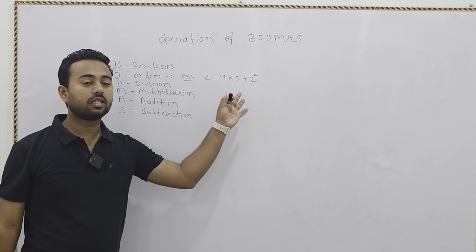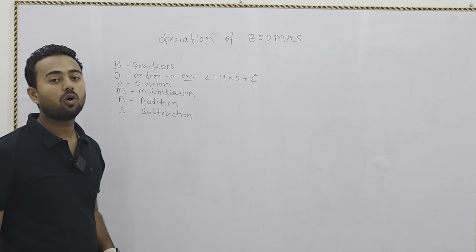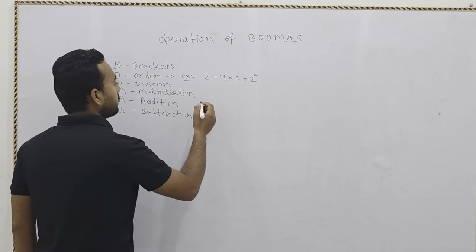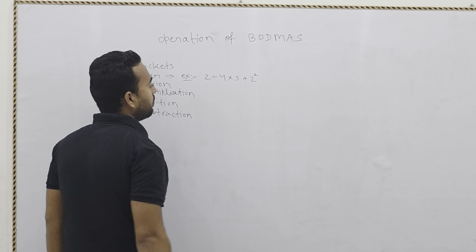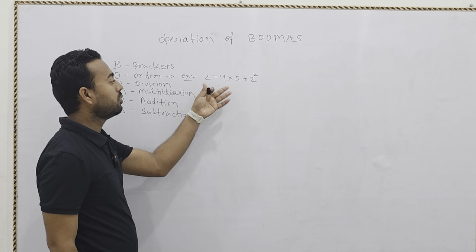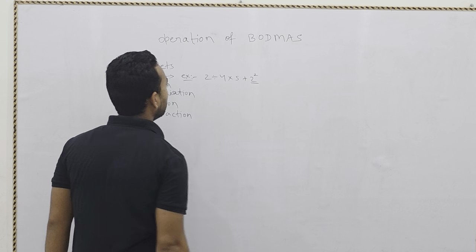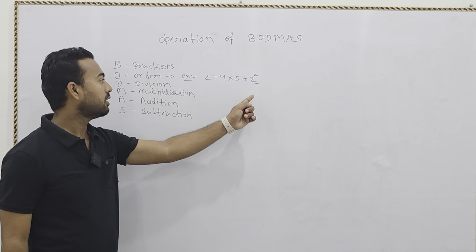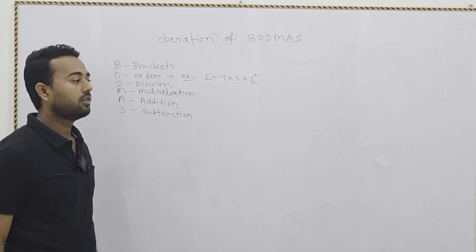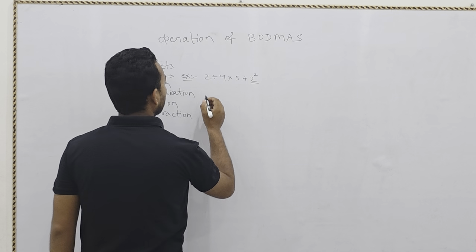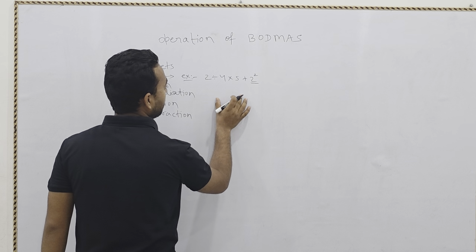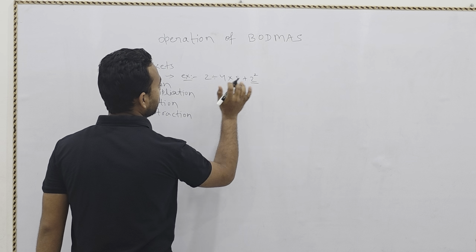So this is an example to solve the order term. Here there are a lot of mathematical operation symbols we are using, but first what will we solve? First we will solve this, because this comes under order. Everything will be the same as it is, but first we will solve this.